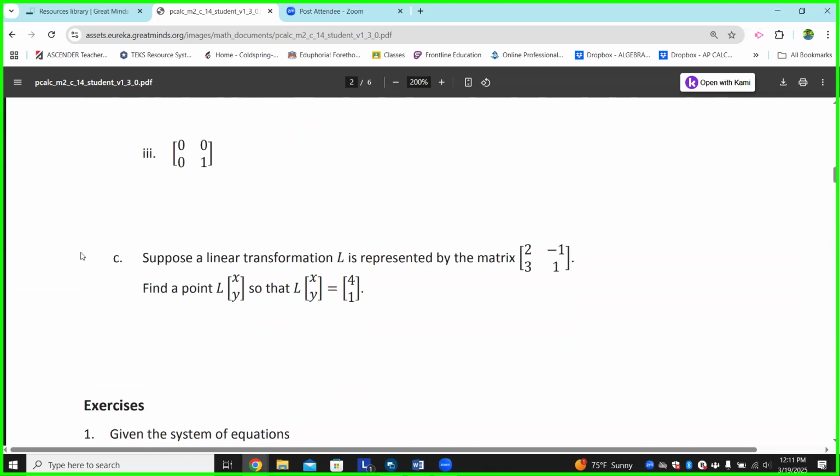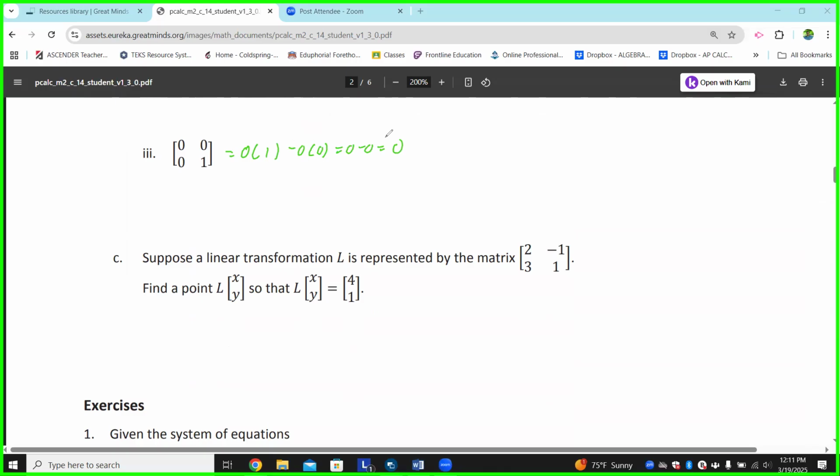What would the determinant of this one be? 0 again. This will become 0 times 1 minus 0 times 0, which will become 0 minus 0, which is 0. So once again, just trying to determine the determinant, I knew if there was even a chance to get an answer.